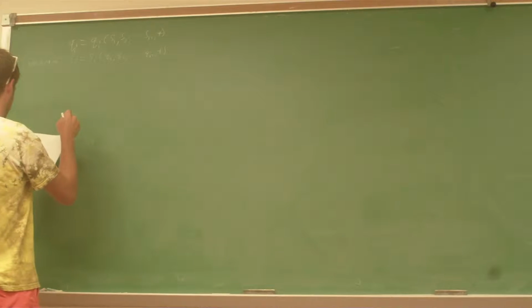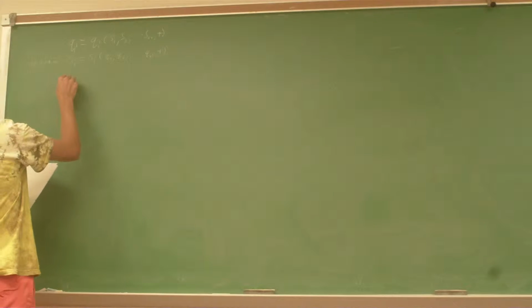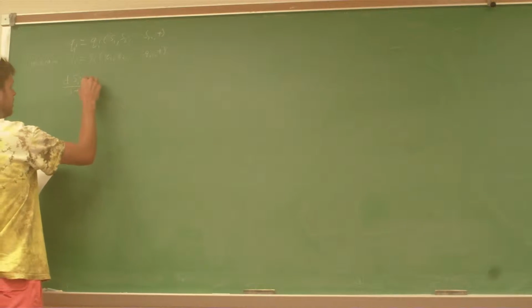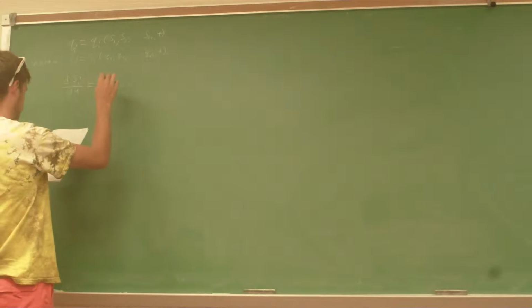Okay, so we're given this point transformation Q in terms of the S's. We assume we can invert this so we can get the S's as a function of the Q's and time. So I'm just going to work something out here for use in just a minute. I'd like to find ds_i/dt, this one right here.